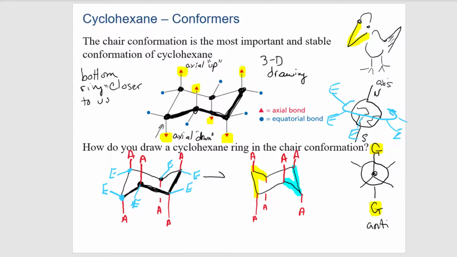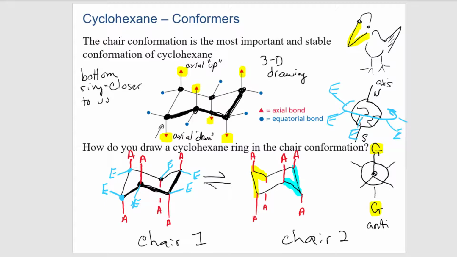Now I had drawn an equilibrium arrow between these. Why? Because these, through bending and rotating, can change from one chair to another. Chair 1 to chair 2. Okay, so we'll call this one chair 1 and this one chair 2. If there were all hydrogens around, there would be no difference in energy between either conformation.